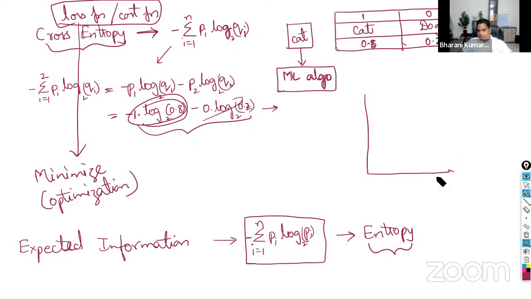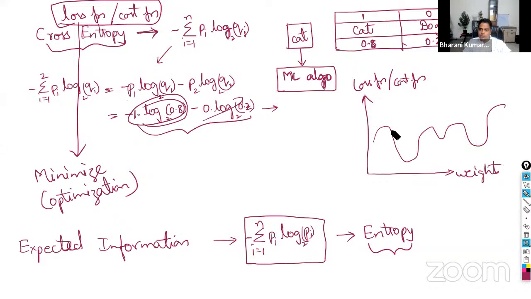So if you have a curve, if you have a loss function or a cost function, and say here you have weights, what do you want to do? You want to minimize your loss function or cost function value. Okay, that's called cross entropy.